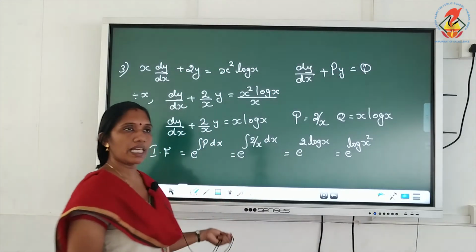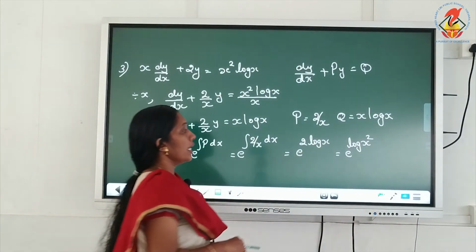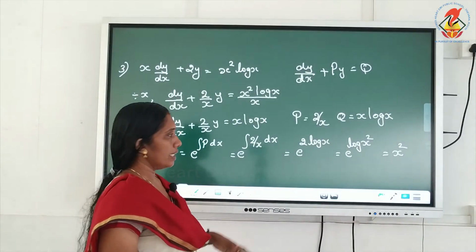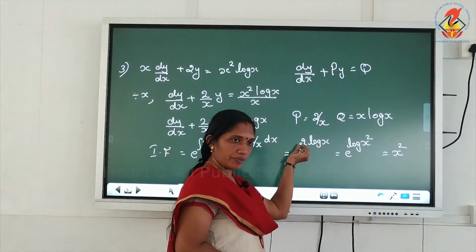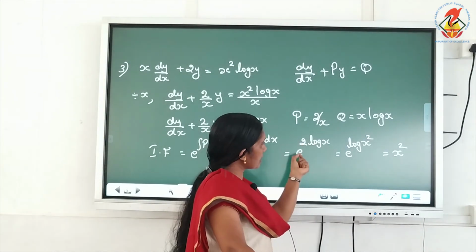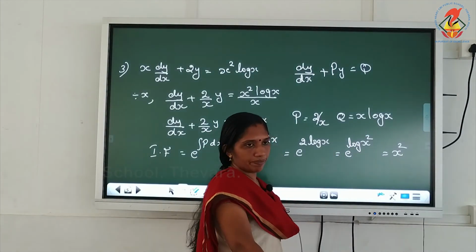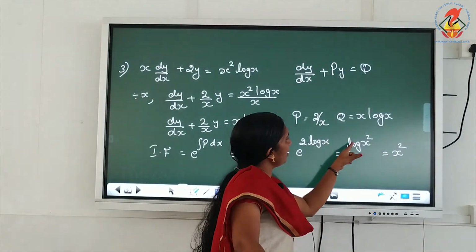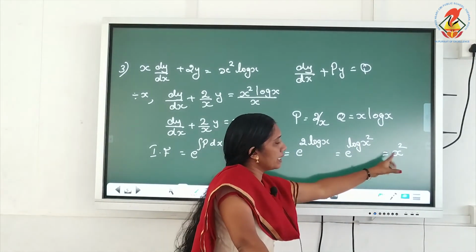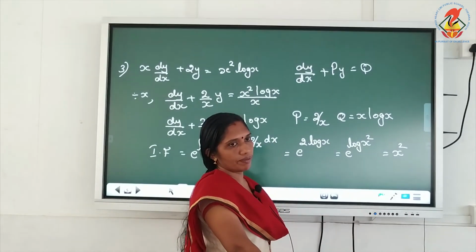Log x square is the same as 2 log x. If it is in this form, then only we can write it as x square. If it is in this form, we can't write. That's why, whatever is there, sometimes a constant, sometimes a negative symbol, you have to write as power. Then e raised to log, that part you can neglect, the remaining part is the integrating factor.